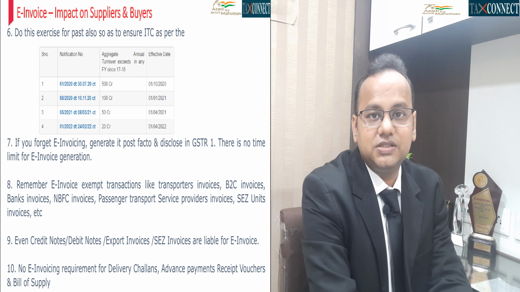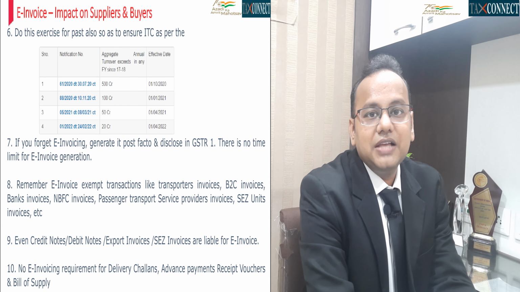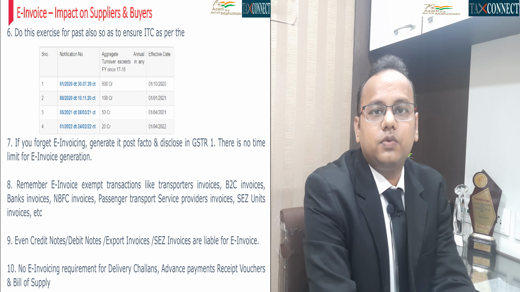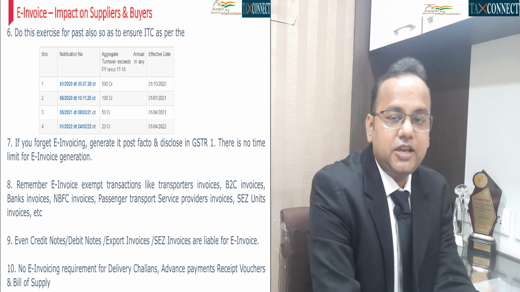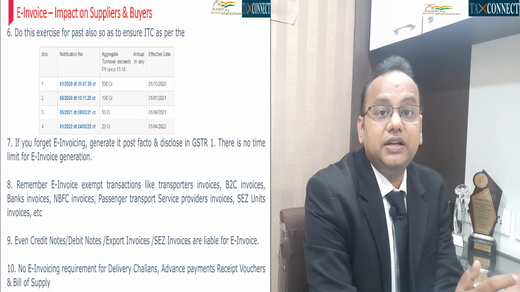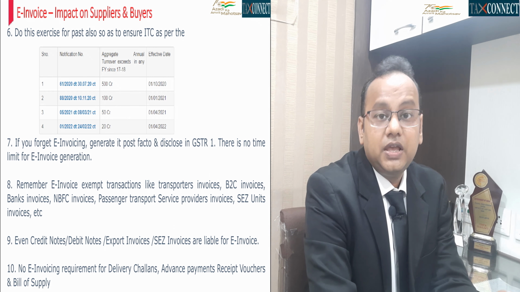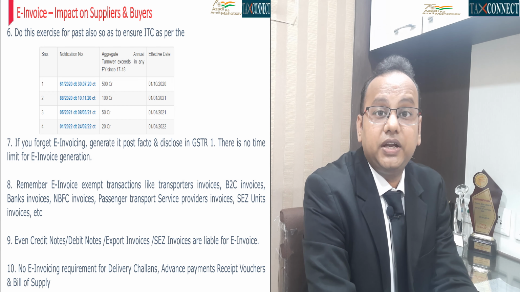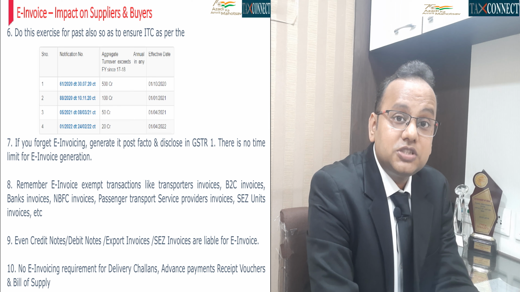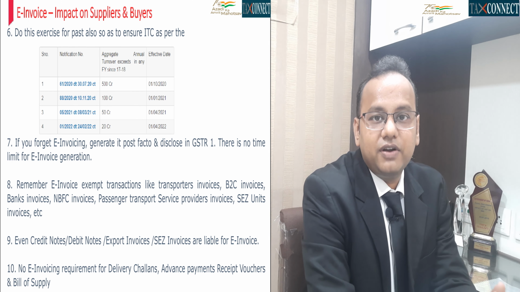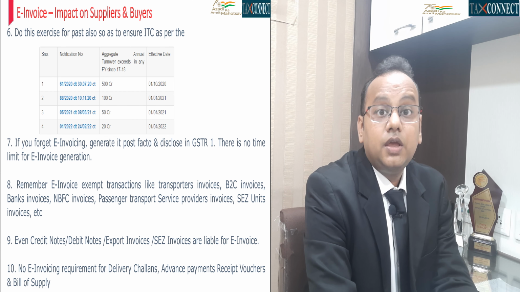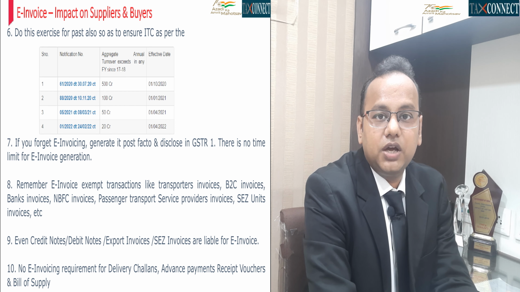So, as a recipient of goods or services, again you have to see as per the date of the notification. From 1st October 2020, those suppliers with more than 500 crores turnover should have given you an e-invoice.